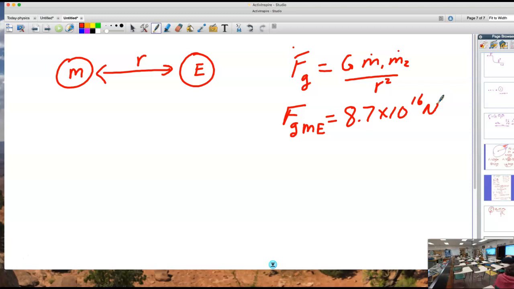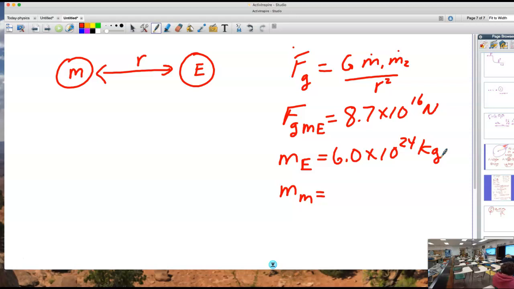Okay, so we also need the mass of the Earth and the mass of Mars, right? Who's got it? The mass of Earth is 6.0 times 10 to the 24th kilograms. They rounded that one. Okay. Now the mass of Mars.